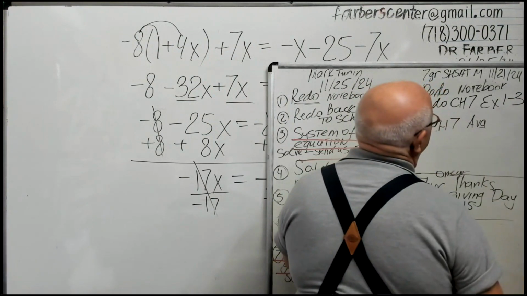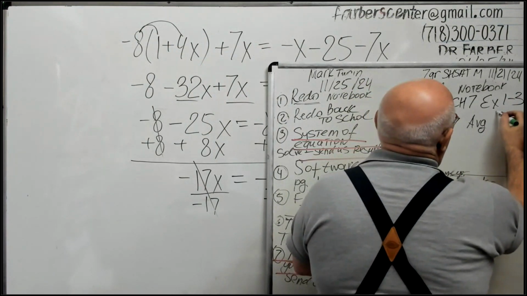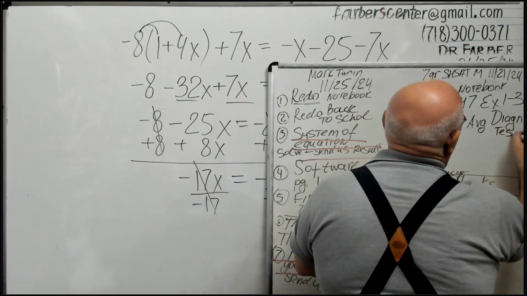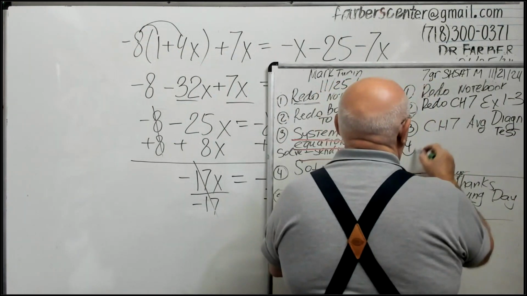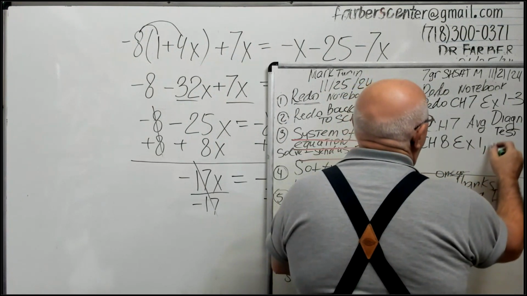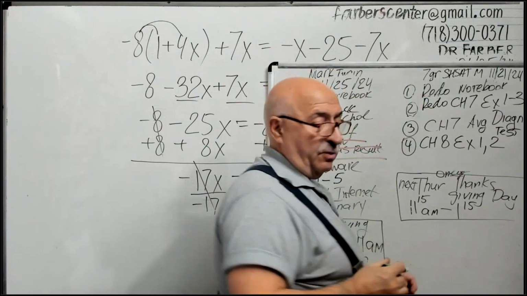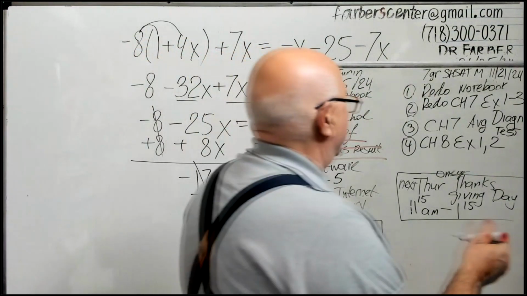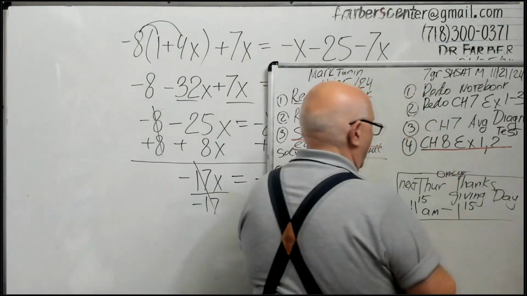Chapter 7, diagnostic test. Okay. Number 4. Chapter 8, exercise 1 and 2. 1 is negative numbers, and you get this handout from us. 2 is linear equations. Okay.